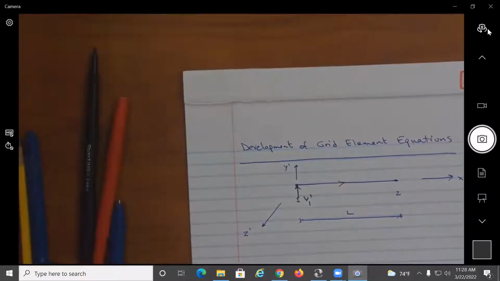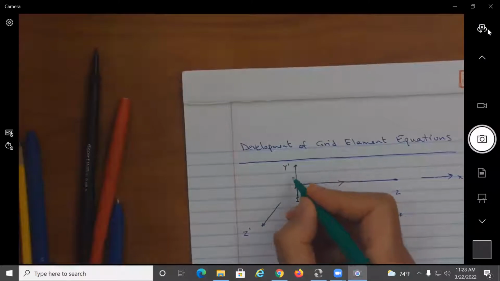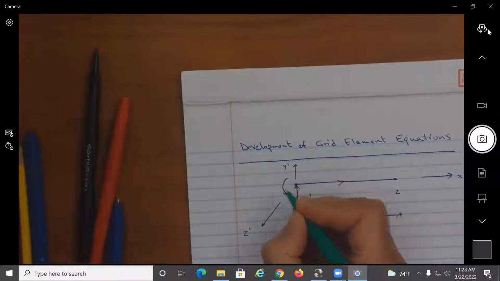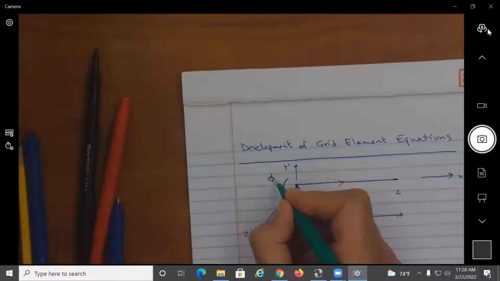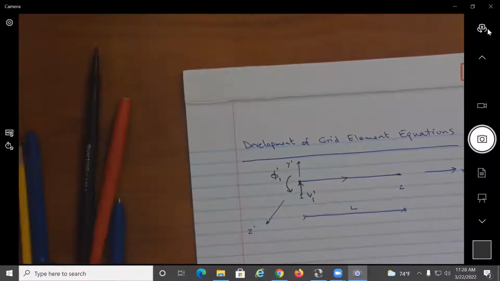And the loads are perpendicular or transverse to the axis. So like the beams, we're going to get a rotation about the z-axis, right? So this rotation about the z-axis, I may describe it by phi 1 prime. Which is about which direction?